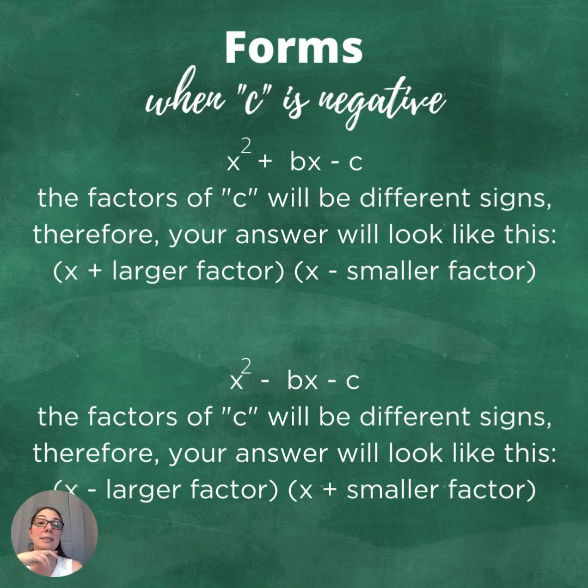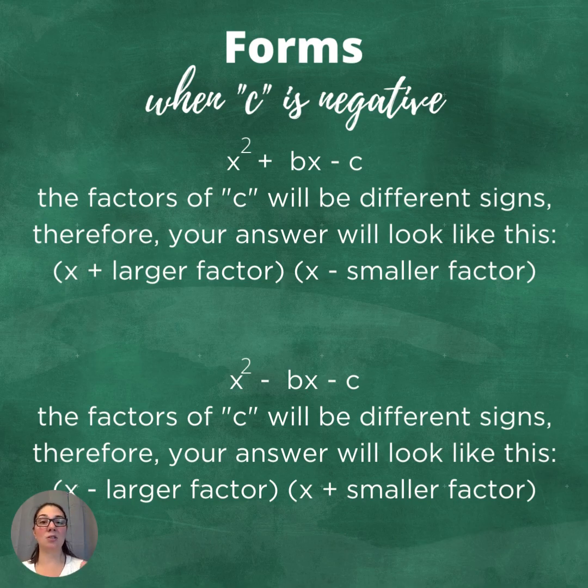Okay, now when c is negative, that's a whole different story, because in order for c to be negative, one factor of c has to be positive and one factor of c has to be negative. So in order to get the b value, you're technically subtracting, because one value is positive and one value is negative. In that case, you have to see what sign your b value is to know which factor is going to be the negative factor.